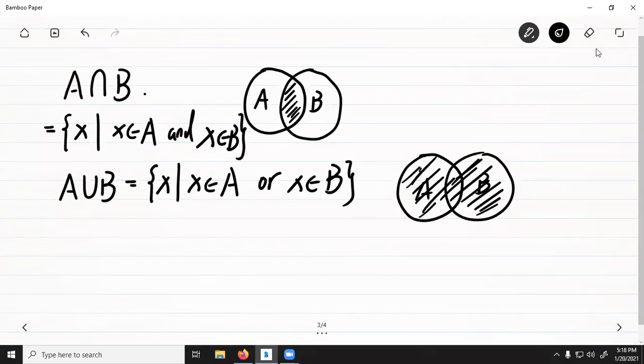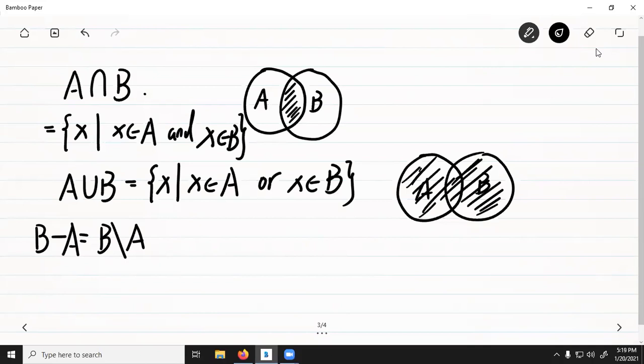Okay, so we also have another one, which is B slash A. We read this as B minus A. Sometimes you will see it written like this, B minus A. They're the same thing. What does this mean?